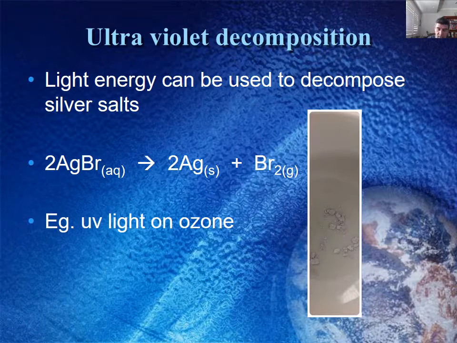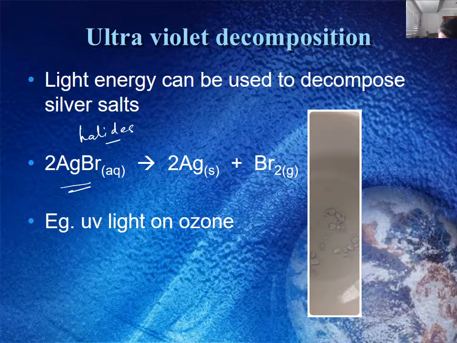Many of the silver halides, so things like silver chloride, silver iodide, silver bromide, can be produced as a precipitate from a reaction between silver nitrate and any of those halide salt solutions. And what this does is it produces a precipitate of silver bromide.